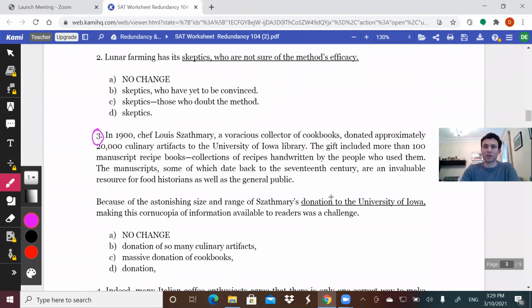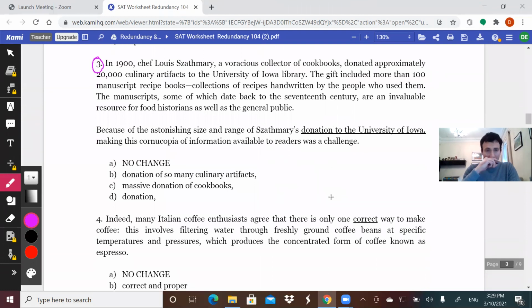Okay, so let's look at a few quick examples. Question 3. We'll take a moment to read this, and then we'll talk about which one is the cleanest, most direct way and has the best economy of language. So: In 1900, chef Louis Szathmary, a voracious collector of cookbooks, donated approximately 20,000 culinary artifacts to the University of Iowa's library.